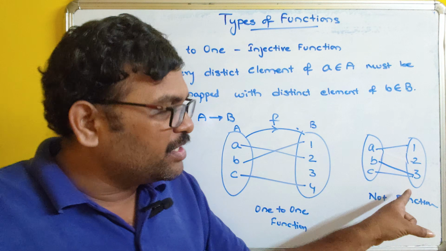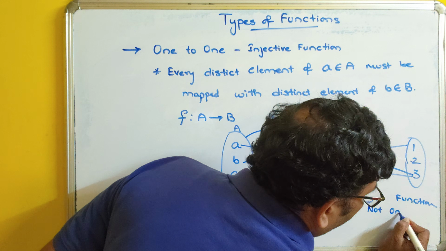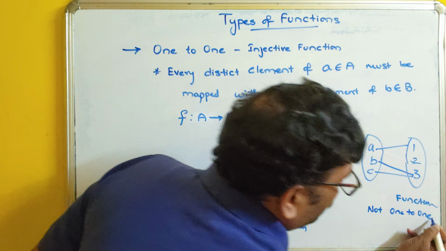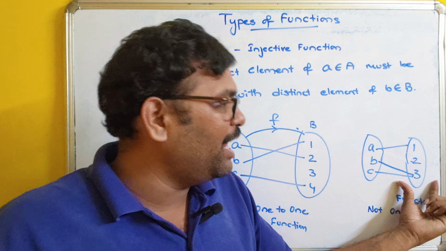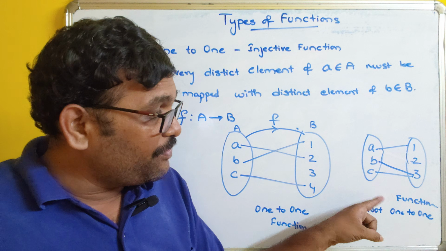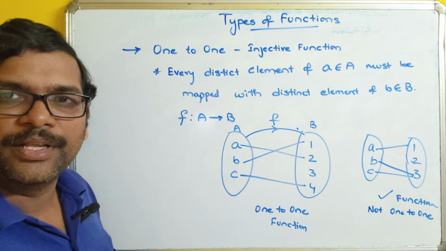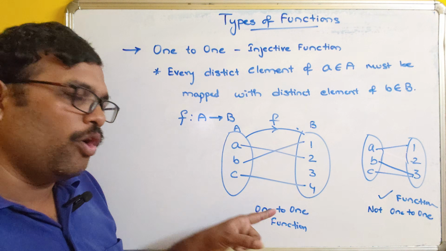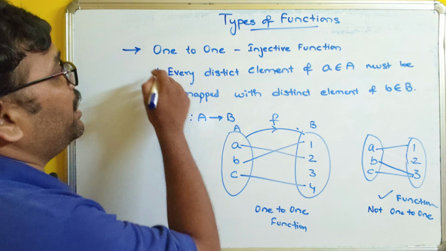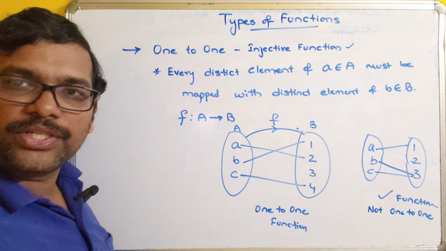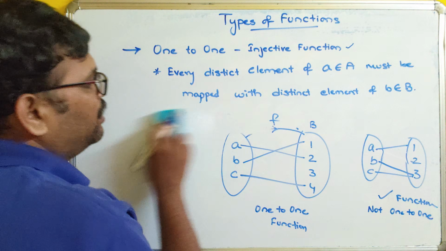So this is a function but not one-to-one, because every distinct element of A should have a distinct element of B. Yes, this is a function, but not a one-to-one function. So the earlier one is a one-to-one function and also a function, right? Such type of functions we call one-to-one or injective function.